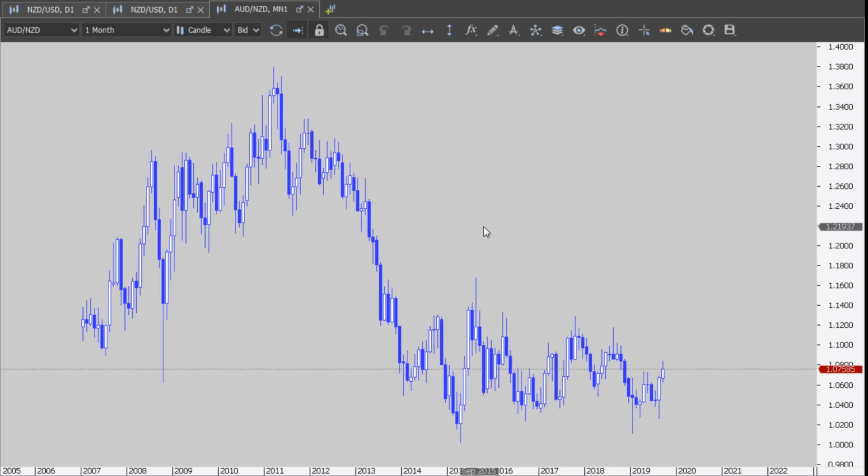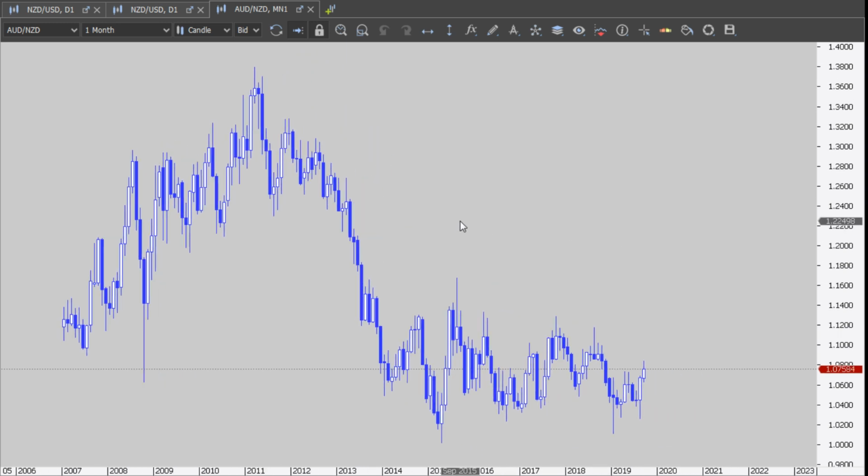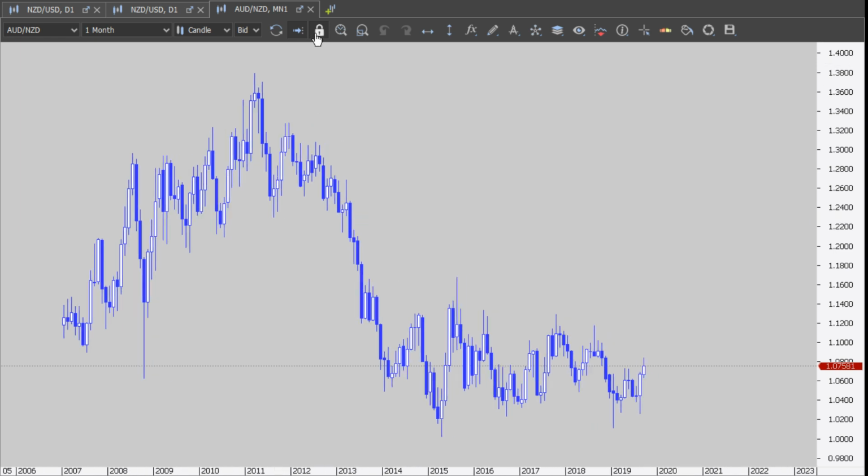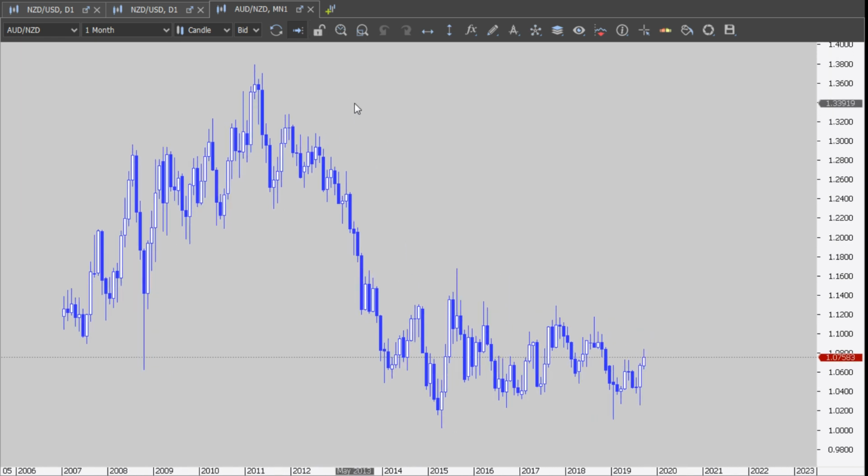Okay everybody, this is AUD NZD monthly chart. Tell me, what is the structure? Do we have a bullish market structure on AUD NZD monthly chart, or do we have a bearish monthly structure? And what about the trend?